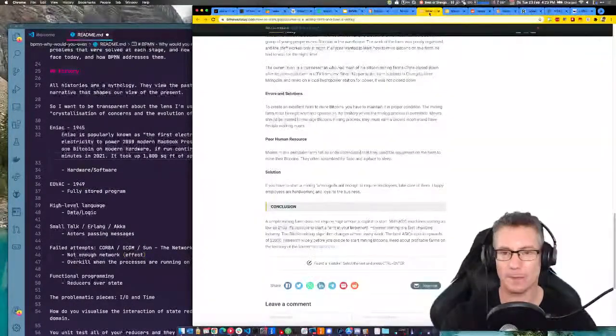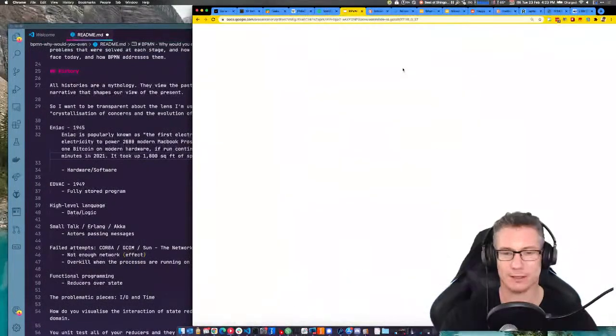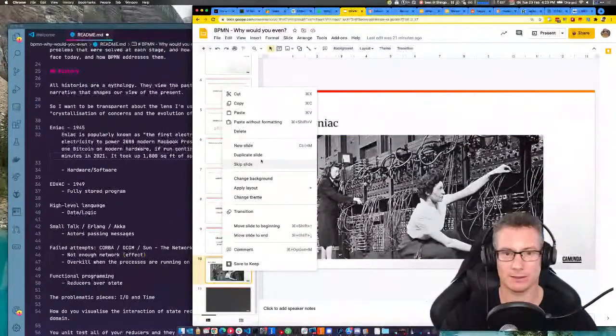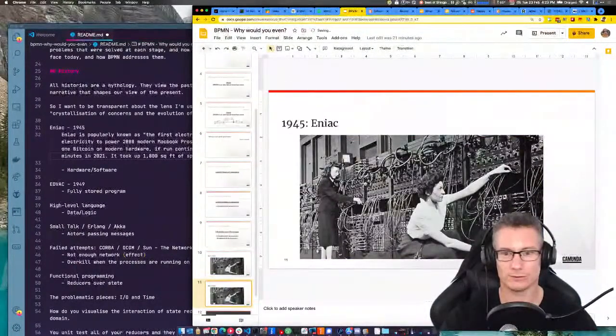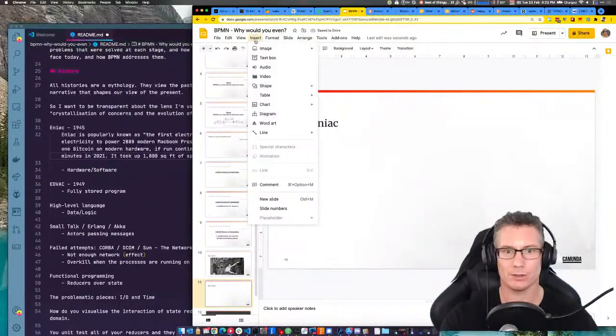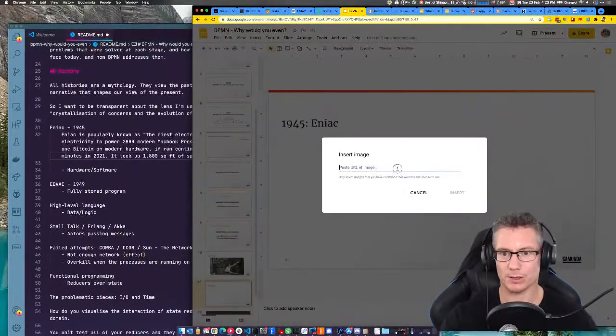So, let's go back here. Let's duplicate the slide, and then we're going to swap out this image. Image by URL. Let's drop in this Bitcoin one.